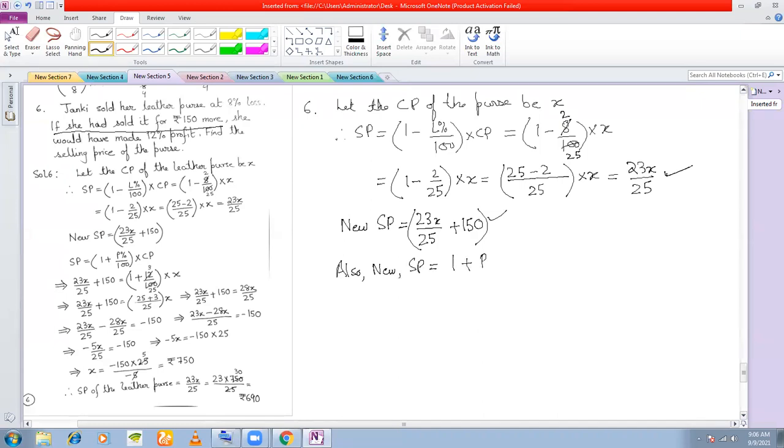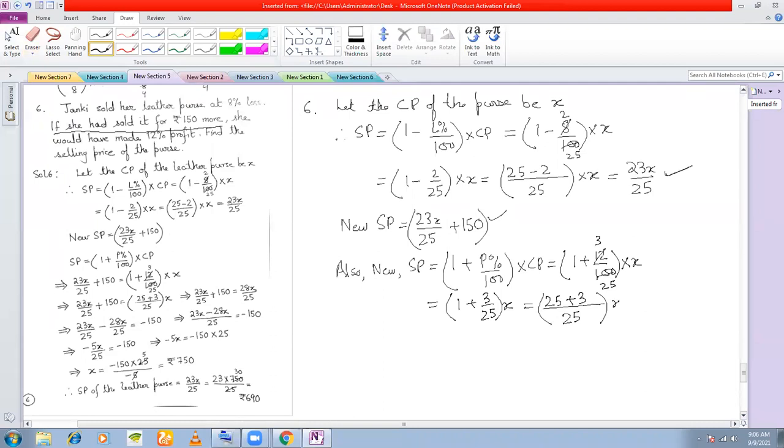It is (1 plus profit percent by 100) into cost price, is equal to, profit percent is 12% divided by 100 and cost price is X. So you can cancel here, and now you can take the LCM.